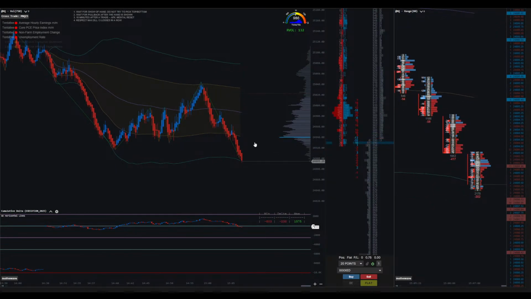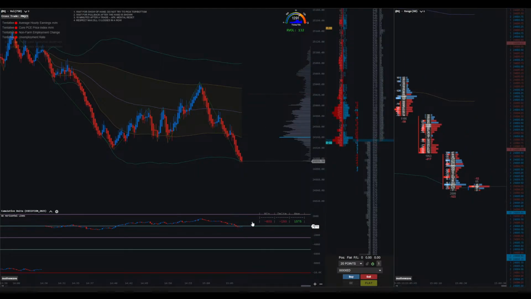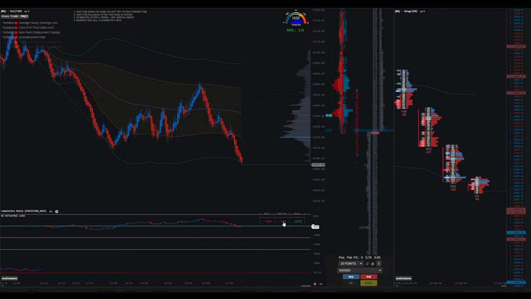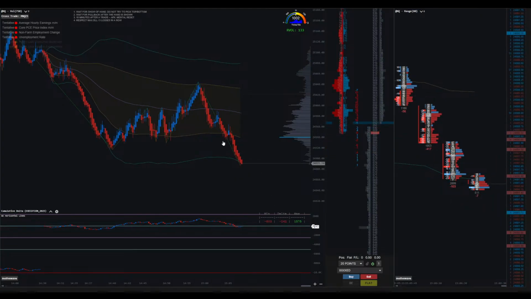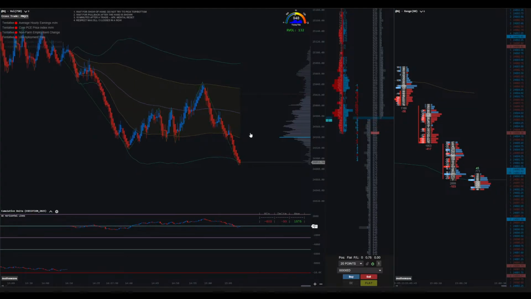Big sell. Observing. Pretty aggressive selling. We went into negative territory from 1500 buyers to -200. It's not a good sign for the buyers.